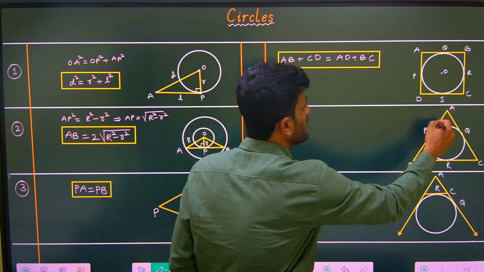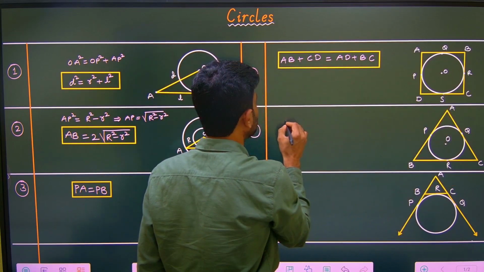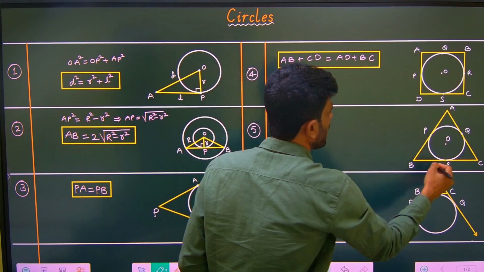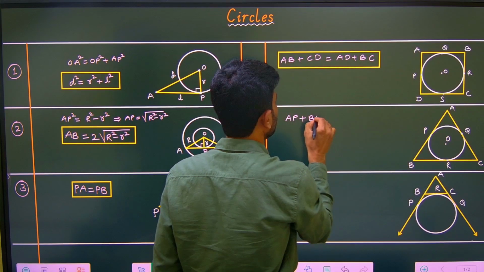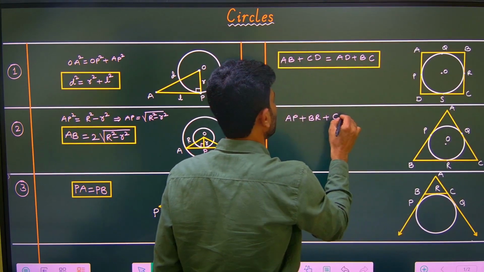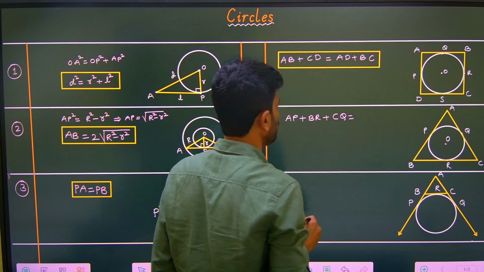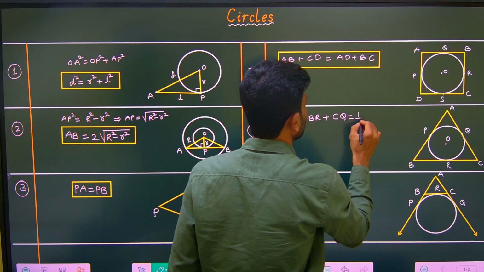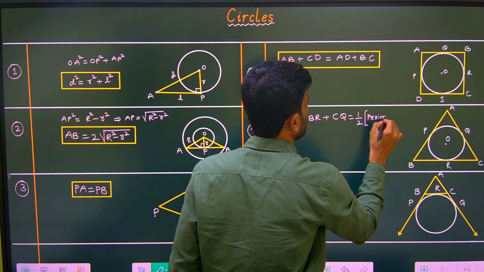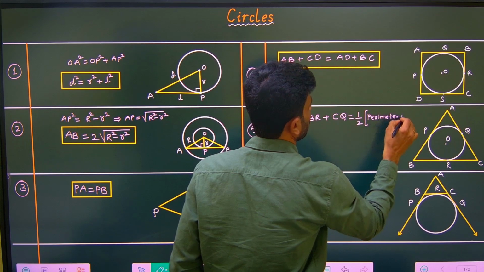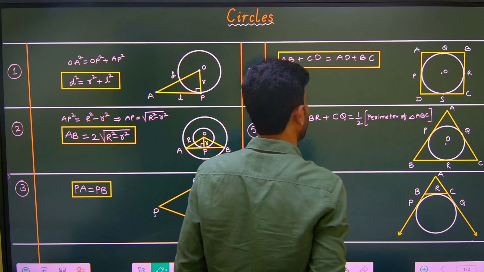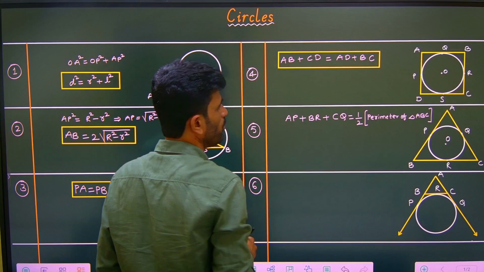You take these alternate parts: AP is one part, plus PB you leave, then BR, plus CR you leave, then CQ, is equal to half the perimeter of triangle ABC. Try to remember this. Hope you understood this.